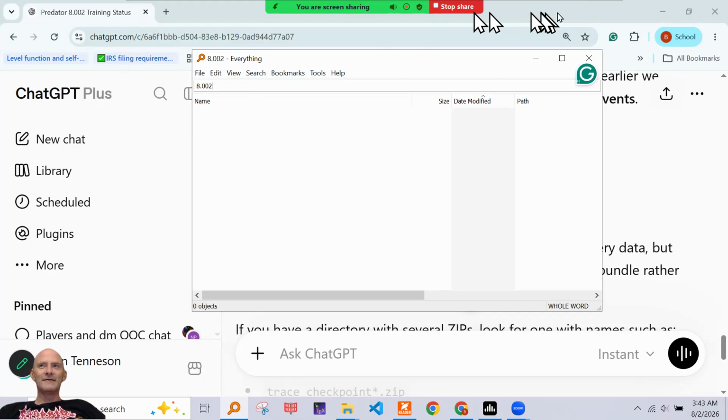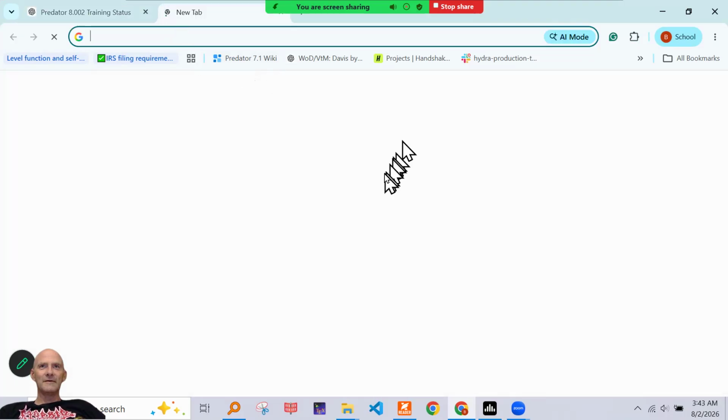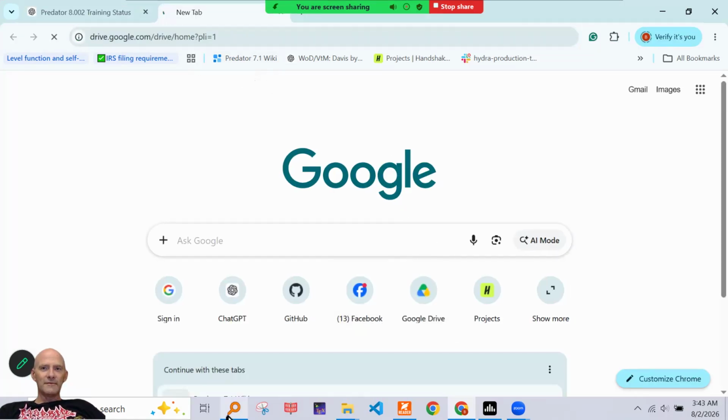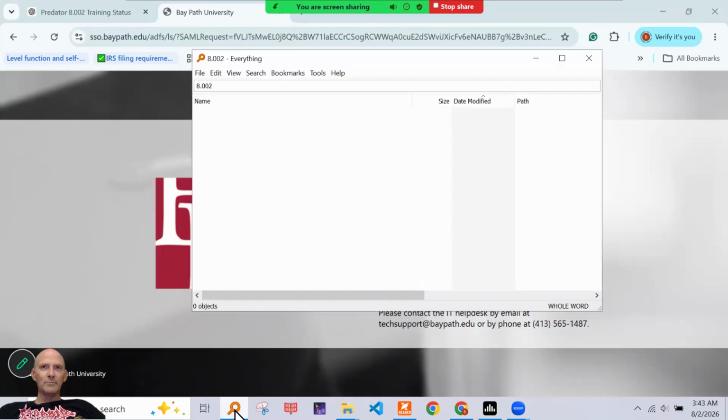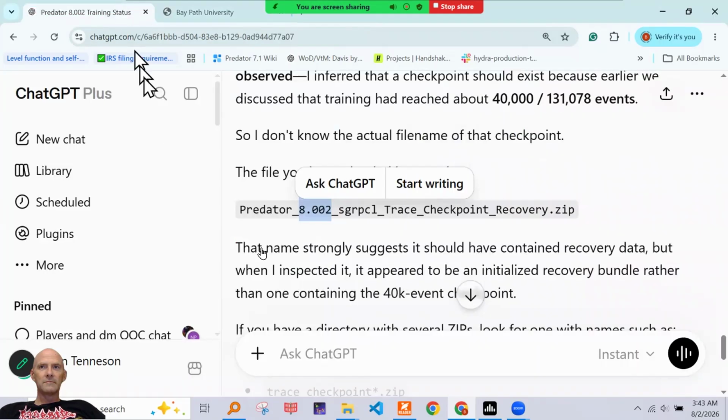All right, let me look somewhere else. I'm looking at my Google Drive because this search engine has some blind spots. No, I never got that.